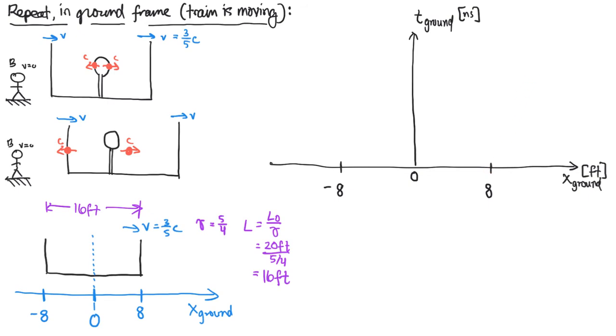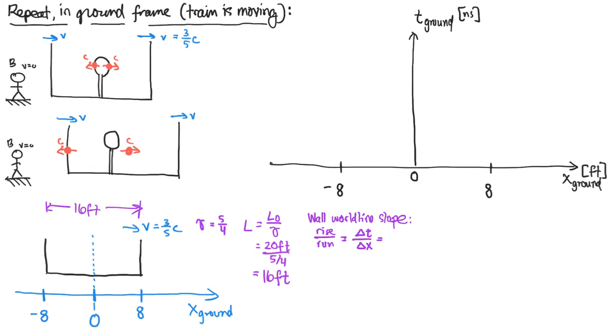Remember, the slope is inversely proportional to the velocity. So let's write this out. The wall has a world line with a slope given by rise over run. The rise is a change in time over a change in position, okay?